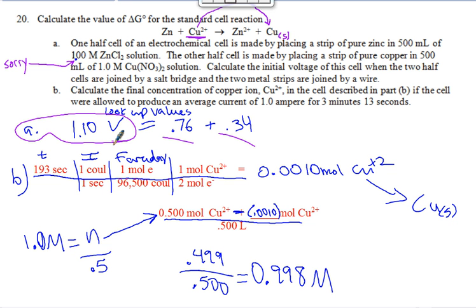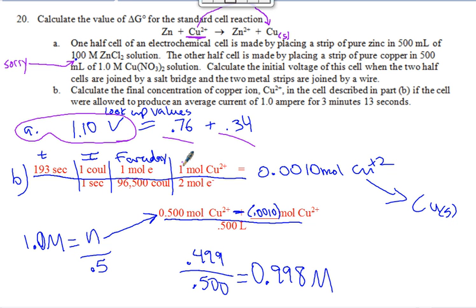If the cell were allowed to produce an average current of 1 amp for 3 minutes. So 3 minutes and 13 seconds is really 193 seconds. Here's my amperage written as coulombs per second, converting coulombs to moles, and then moles to moles of copper. So here's where people get confused.